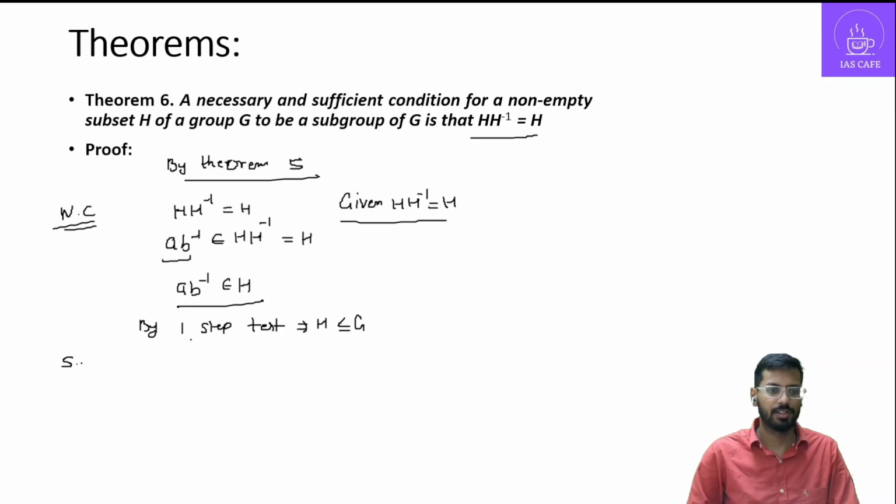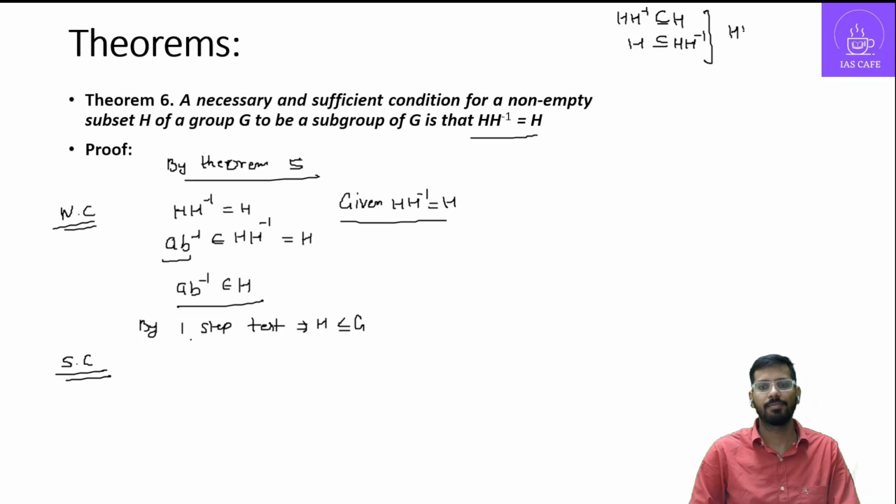Now the sufficient condition. Again, here we have to prove that H inverse is equal to H. That means we have to prove that H inverse is a subset of H, then H is a subset of H inverse. By these two, we can write H inverse is equal to H. Okay, so here, given that H is a subgroup of G for the sufficient condition.